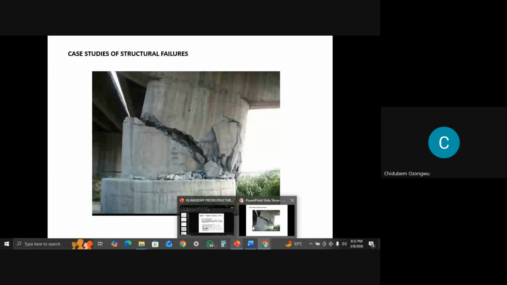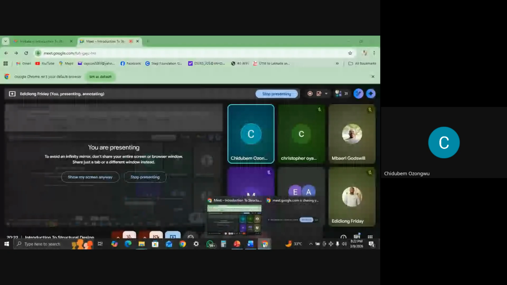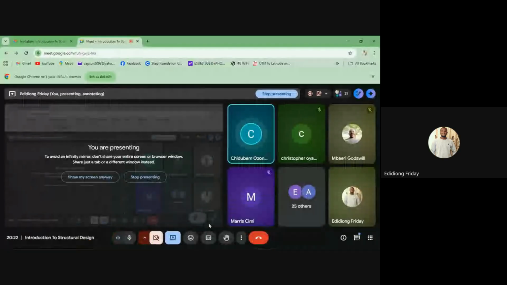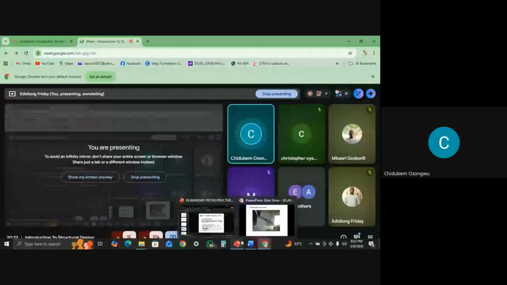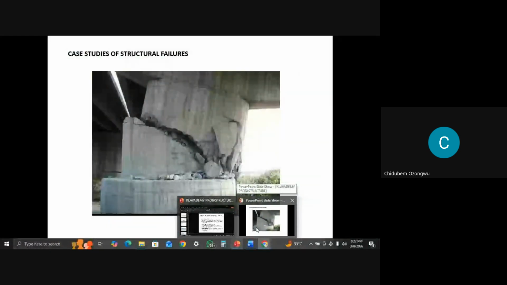It does non-destructive testing. You point the machine on the column, and it will hammer the column for some time. Based on the reaction that comes from that column, we will know whether the reinforcement is good or not. Schmidt's hammer, yes. That was what we used, and we discovered that the reinforcement had rusted.